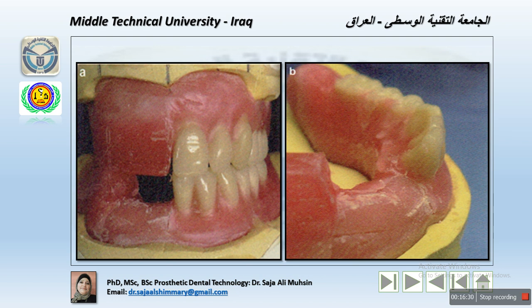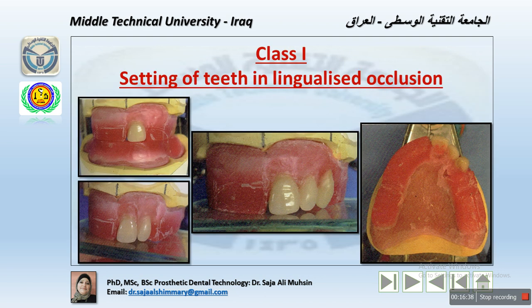Now, all of these steps have been done for setting the artificial teeth in natural occlusion. But what about the lingualized occlusion? In terms of lingualized occlusion, that means we have many cases when we need to make the teeth located lingually, in terms of severe resorption of the edentulous arch.